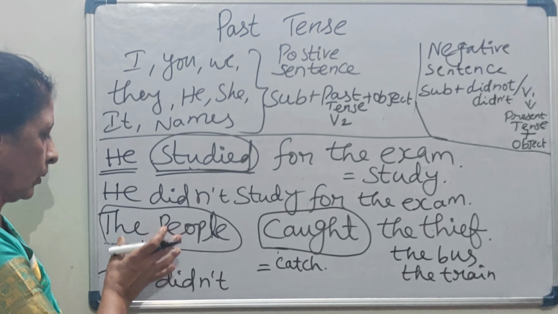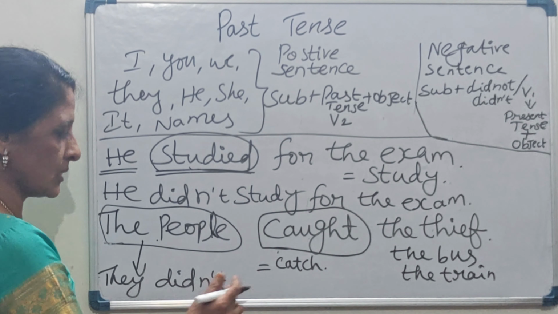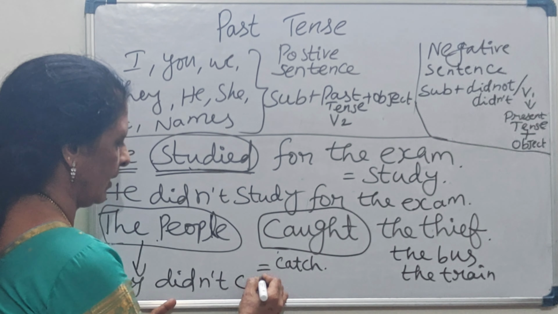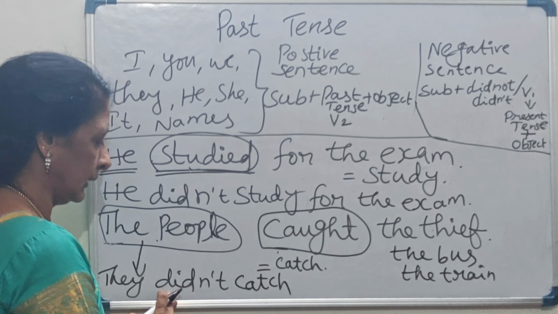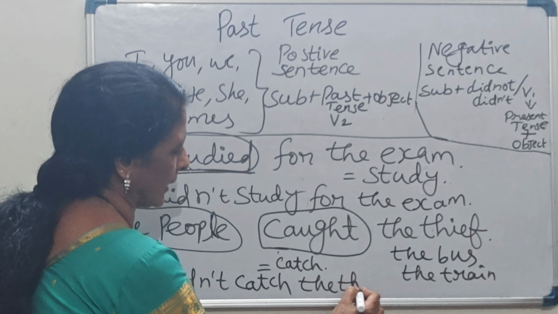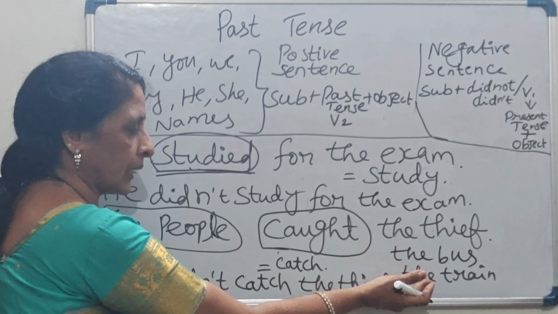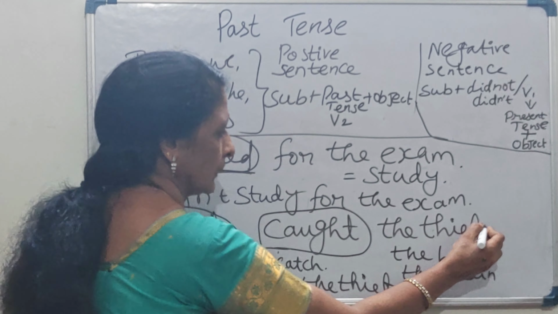So, the people, a specific group of people. They didn't catch. We should not write caught here. They didn't catch the thief, or they didn't catch the bus, or they didn't catch the train. Anything can be written here.